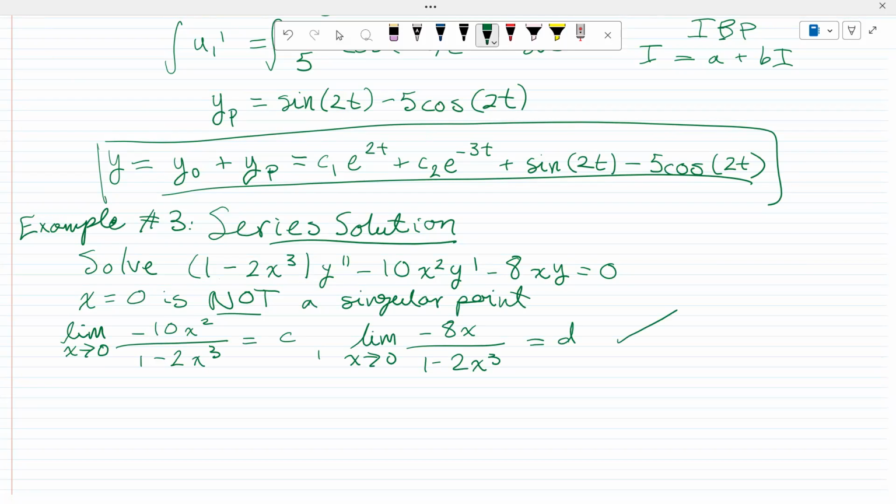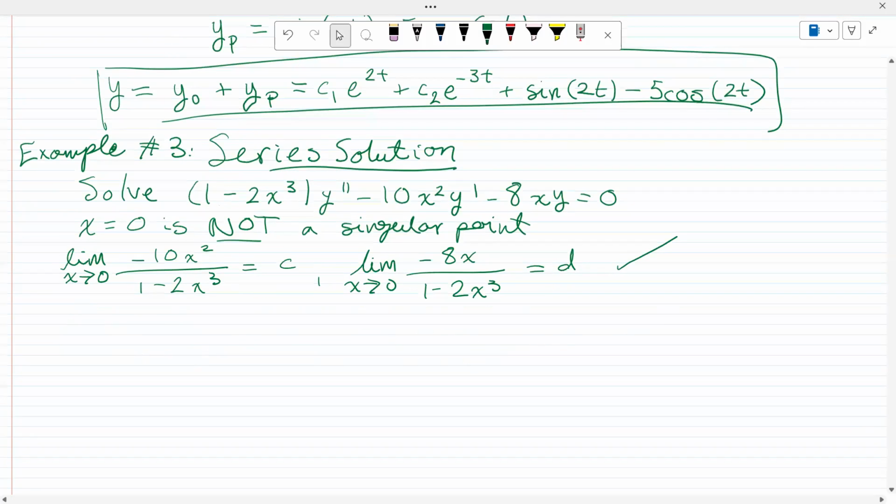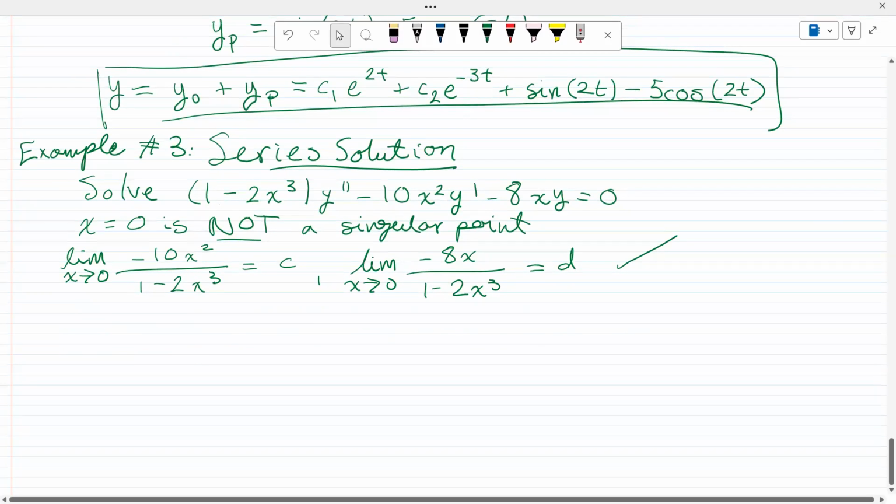So you're good. Because of that, we can assume that y is equal to the series from n equals 0 to infinity of a n x to the n.